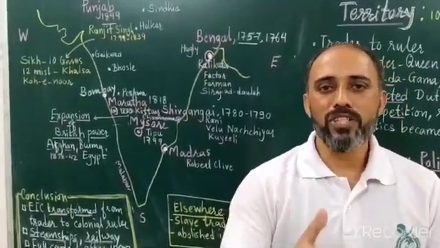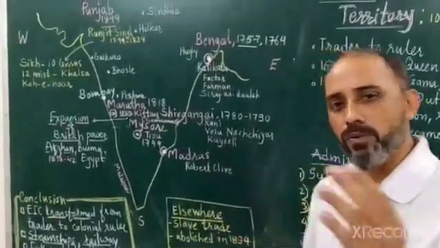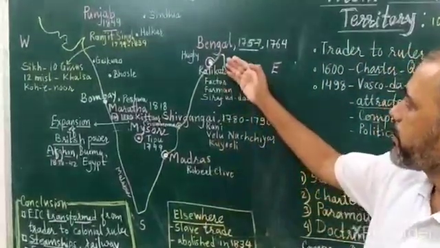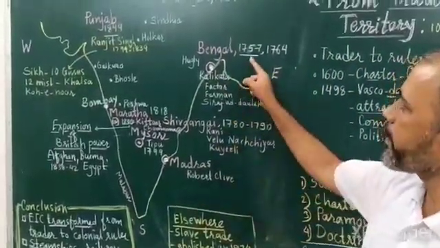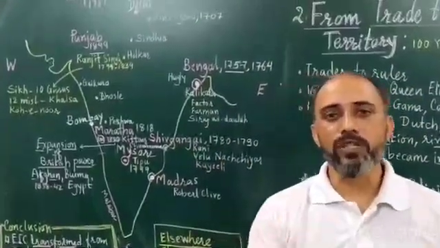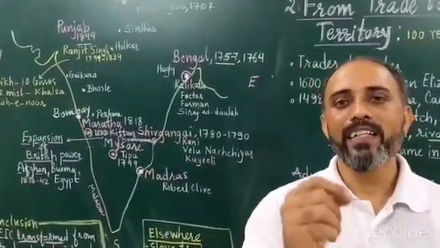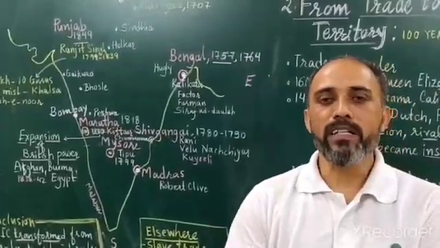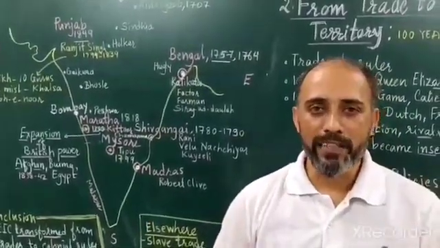So there was the first battle, at Plassey. In the year 1757, the Battle of Plassey was fought between Siraj-ud-Dawla, Nawab of Bengal, and the East India Company. Robert Clive was Governor General at that time.